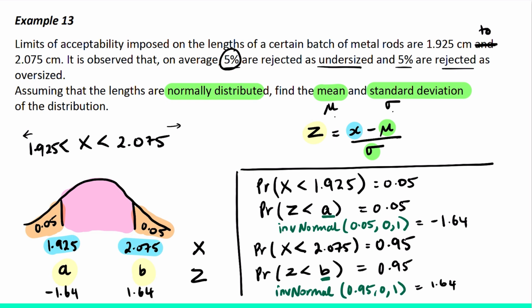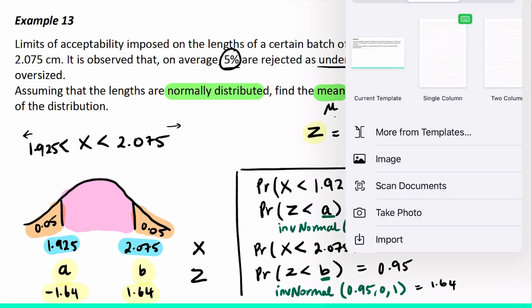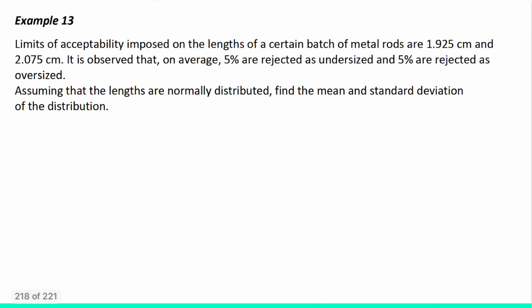Okay. So what can we do with these values? Well, if this is the z-score and this is the x-score, can I not plug them into here and find my unknowns? I have two equations and two unknowns, and then I can go ahead and solve it from there. So I'm just going to create another page. I'll quickly rewrite the formula for you there.